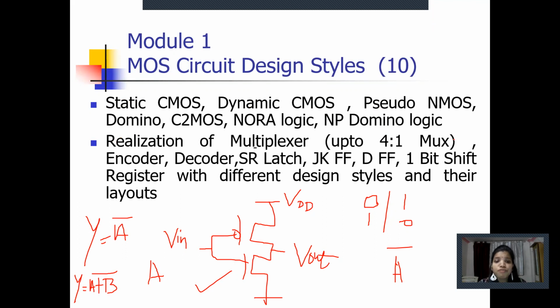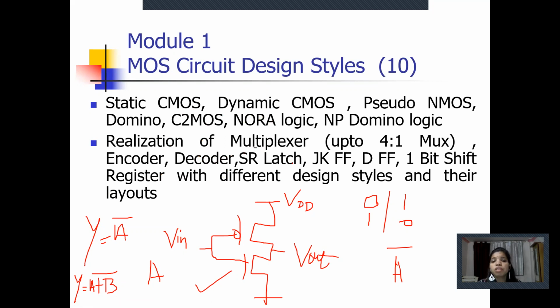Once you are familiar with the design styles and strong in this realization, we will learn combinational circuits: mux, demux, decoder, encoder. Once combinational circuits are done, we will do the same thing for sequential circuits.